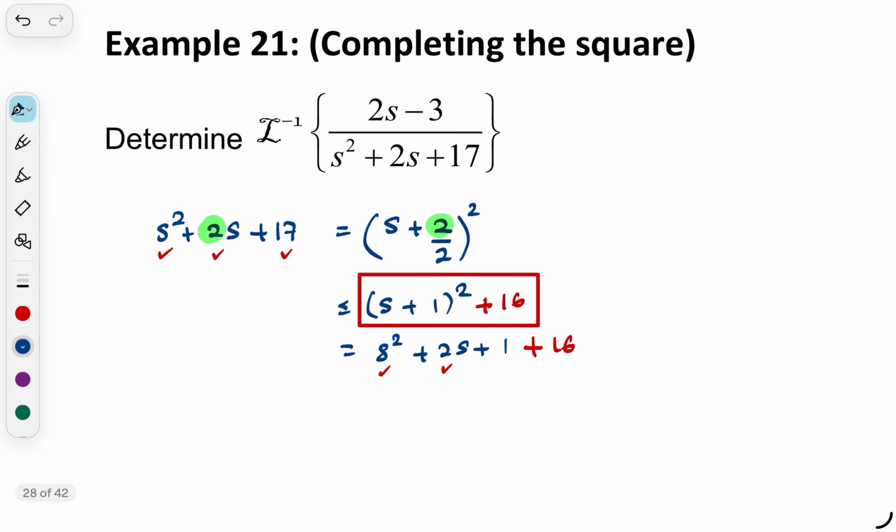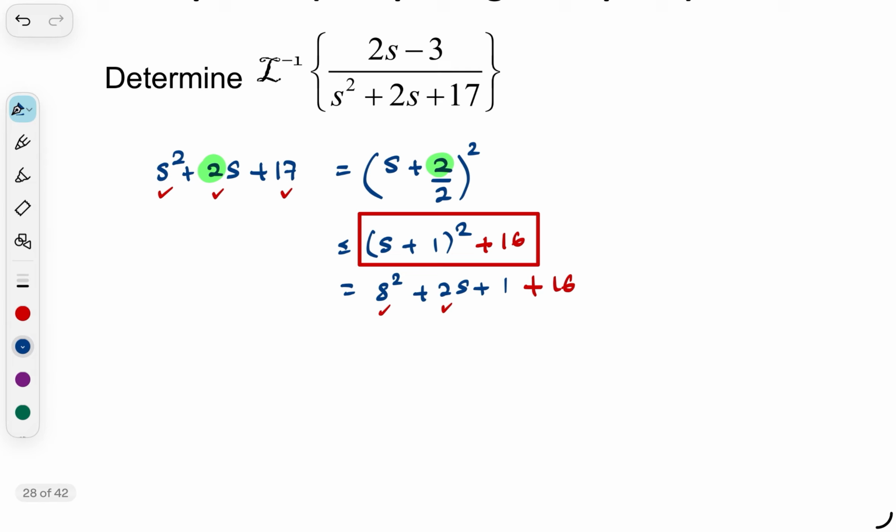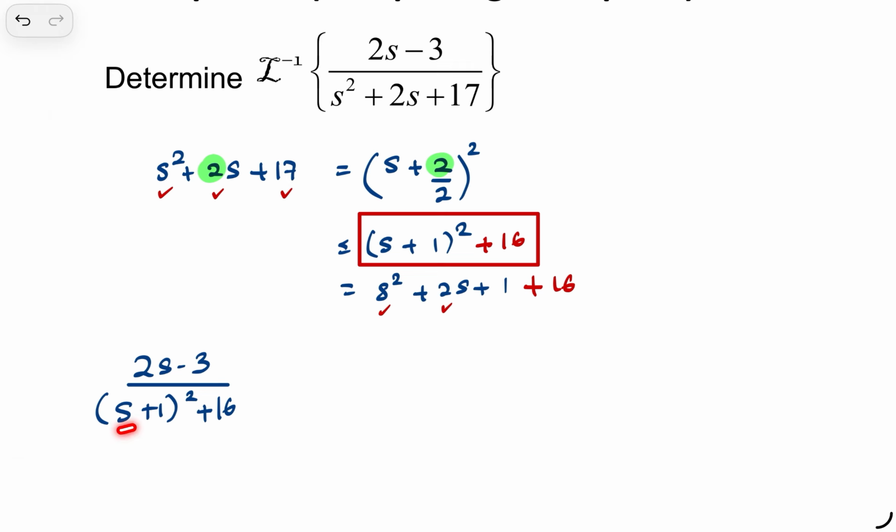Therefore, I can simplify my equation to be like that. When I compare this with the mapping that I have, I can see that this has s plus 1, but the one that I have here is not yet s plus 1.